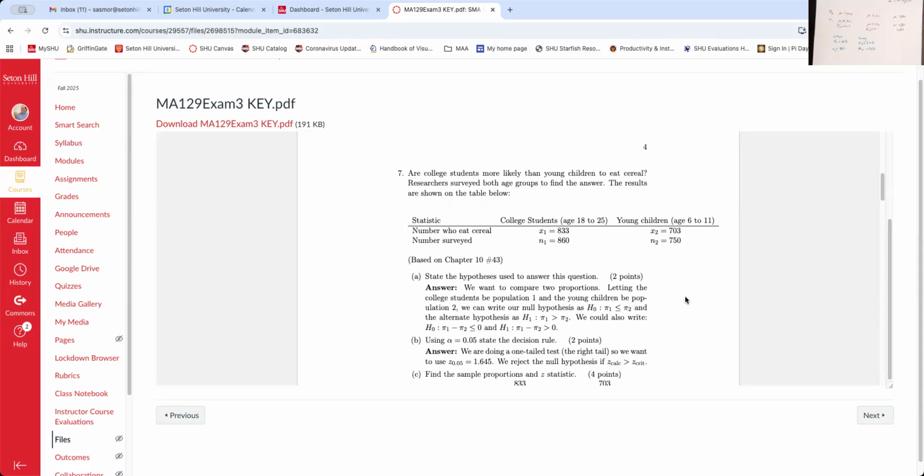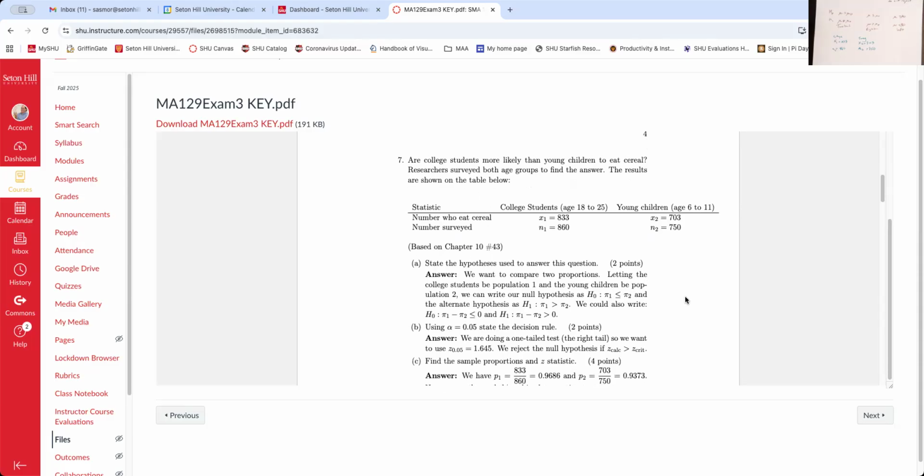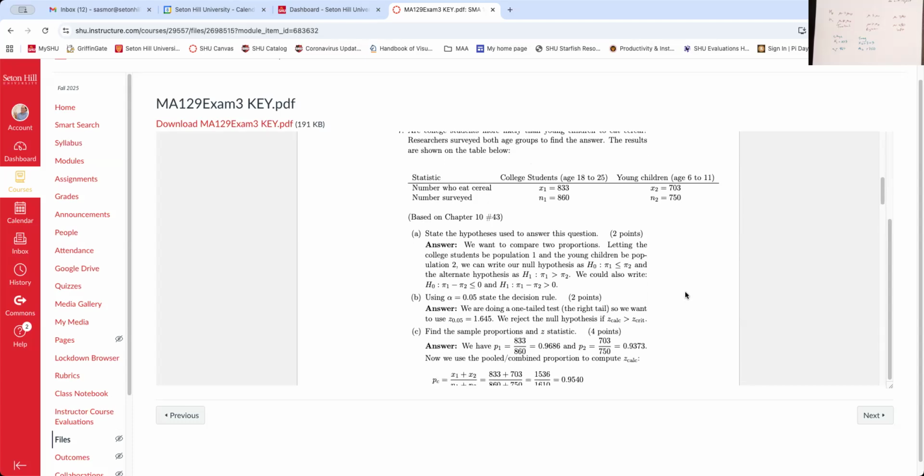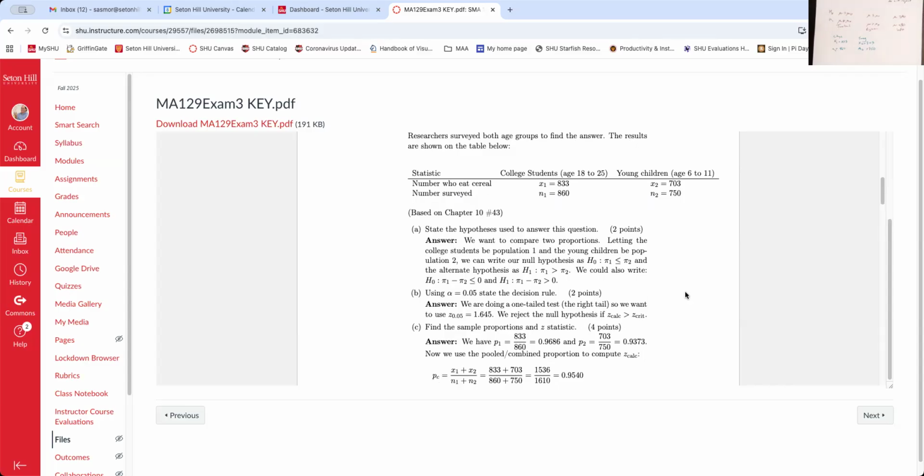Okay. Now I actually do the calculation. I have my two proportions: P1 is x1 over n1, P2 is x2 over n2. And since I'm doing a z, I'm going to do a pooled variance.